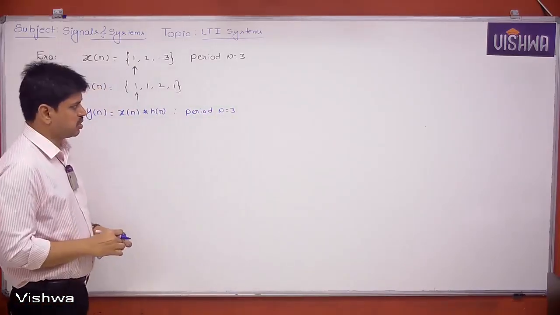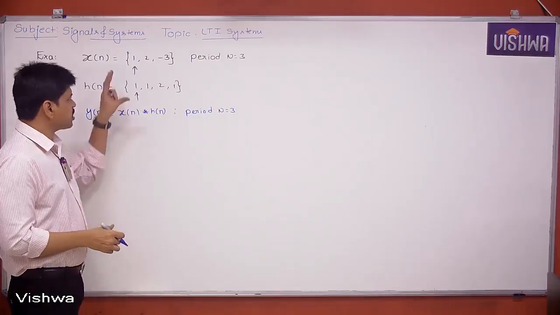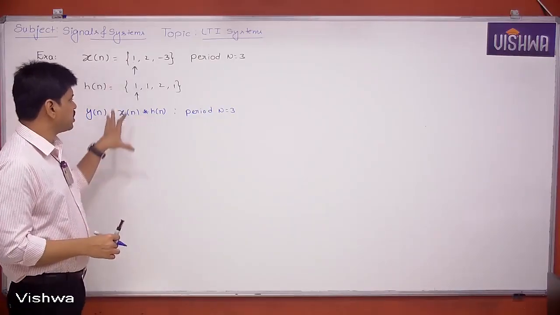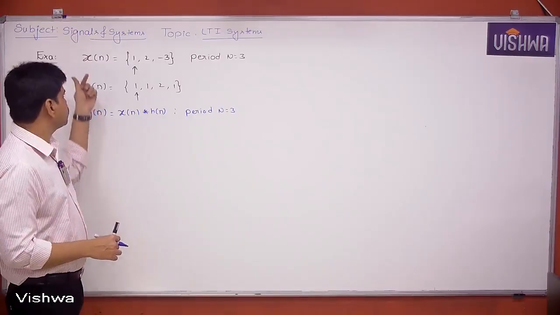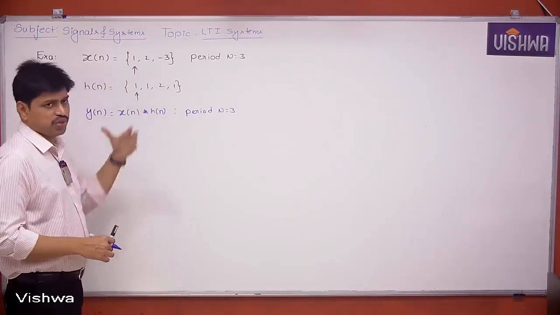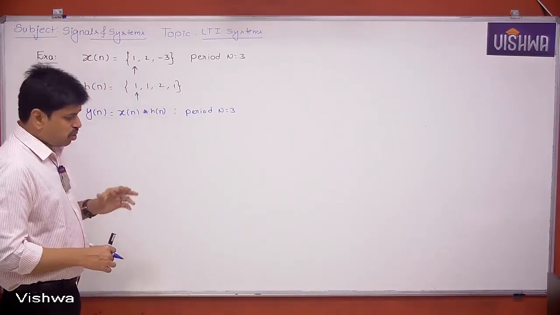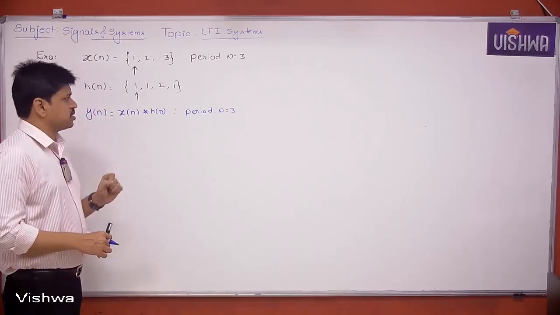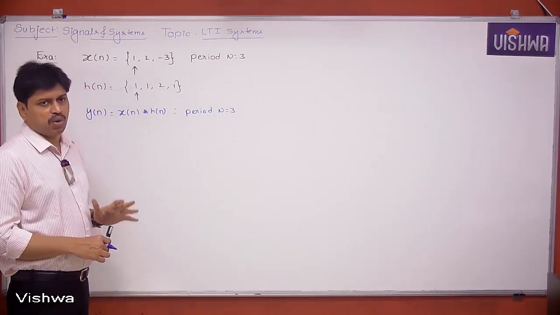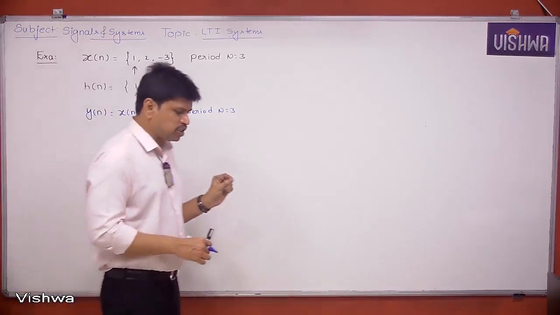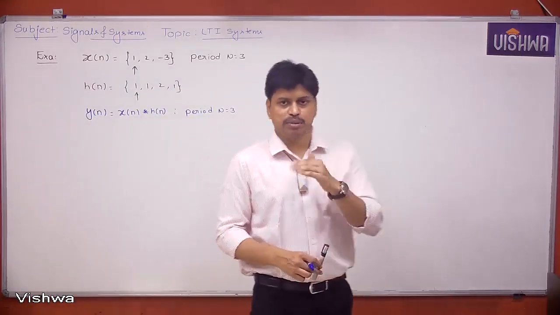If it is not periodic, we know how to calculate the output just by the multiplication method, the tabular method. In this case, where the input is periodic, we can perform the same convolution procedure we have done previously.